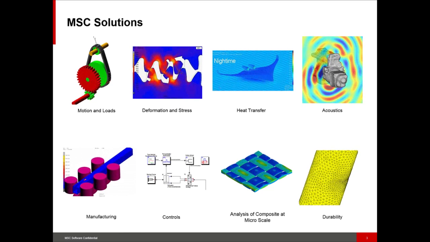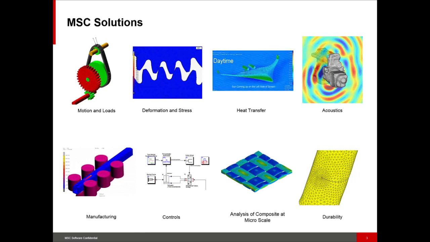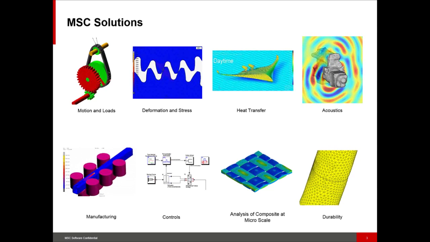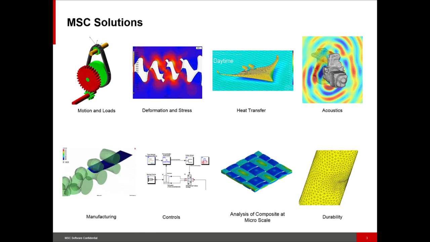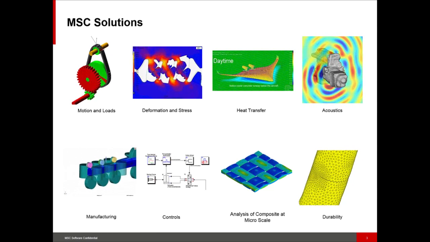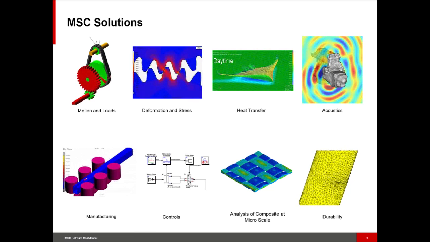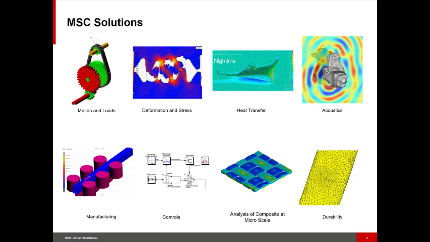We also have software applications that can perform a deformation and stress analysis, other software applications that can do heat transfer analysis, acoustic analysis, manufacturing analysis, and we can even do mechanical and various other types of analysis for composites at the micro level.